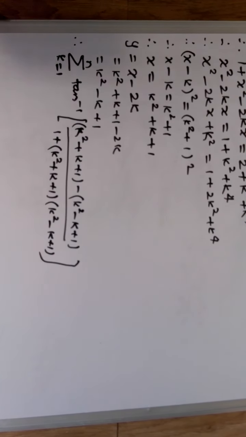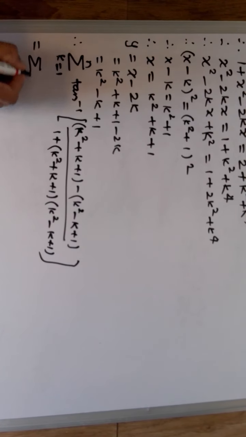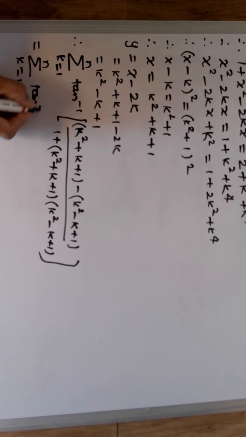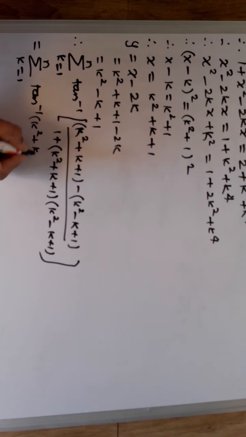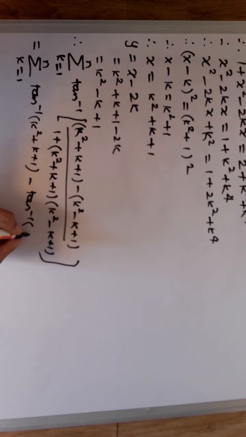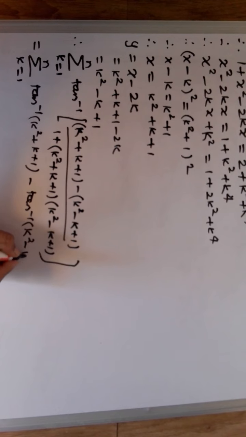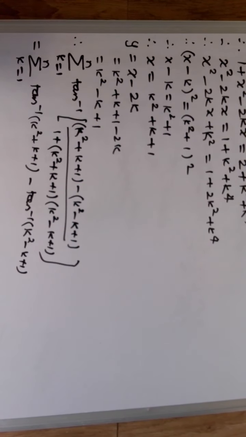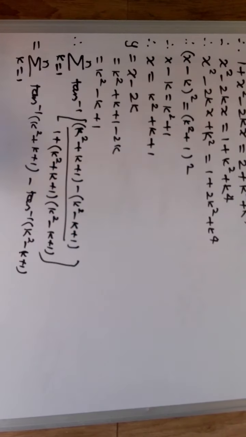So obviously this will become equal to summation of k starting from 1 to n of tan inverse x, that is k square plus k plus 1, minus tan inverse y, that is k square minus k plus 1. Agreed? So you got this.